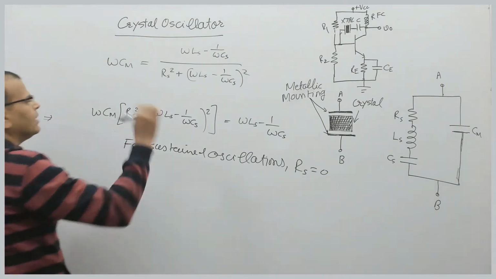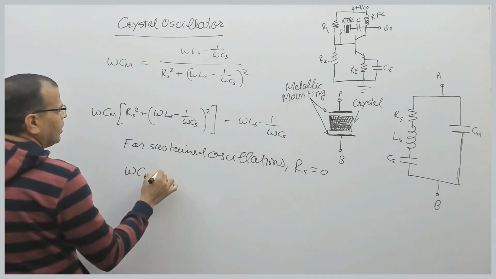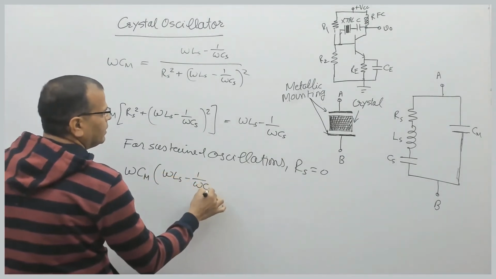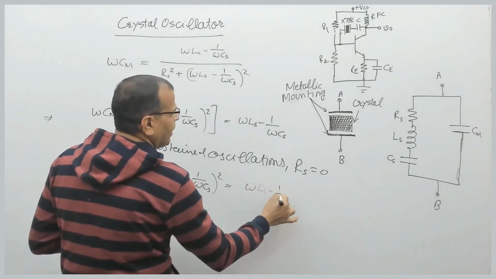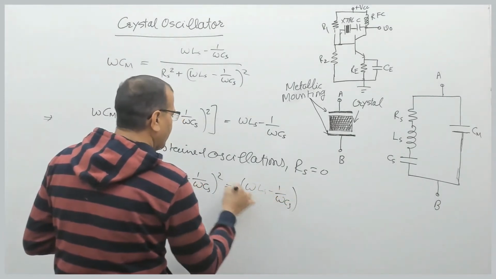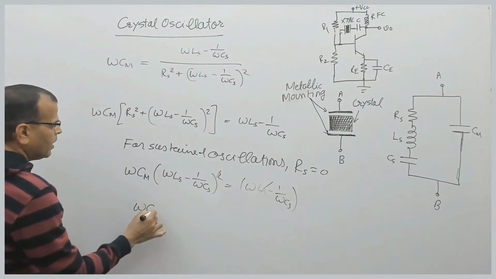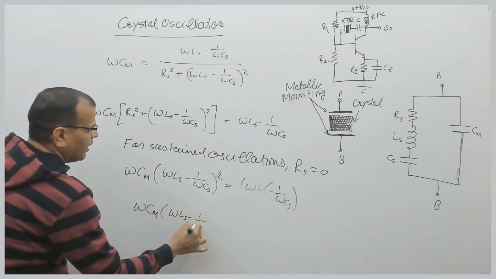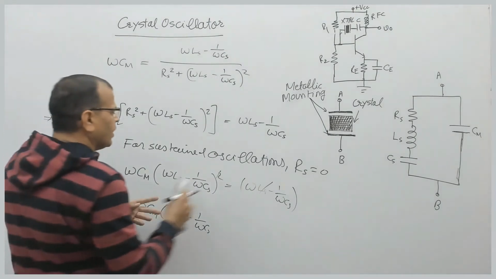So if Rs is 0, then what do we have? Omega Cm into omega Ls minus 1 by omega Cs whole square is equal to omega Ls minus 1 by omega Cs, and you can see this will be cancelled. So you have omega Cm into omega Ls minus 1 by omega Cs, or rather than cancelling, you can make it like this.